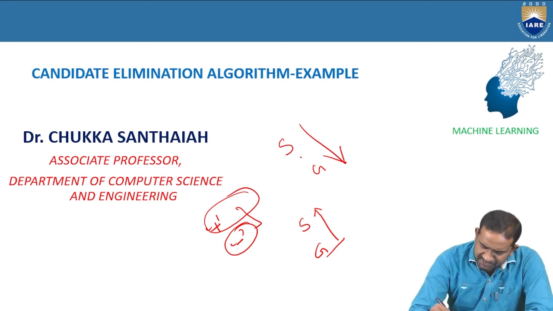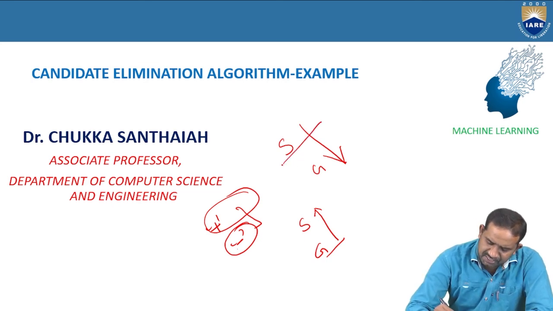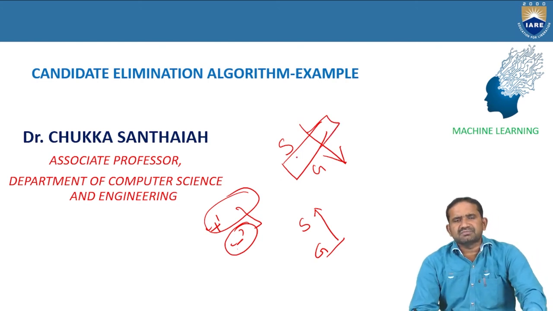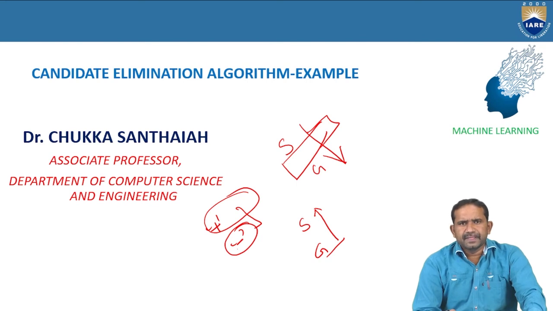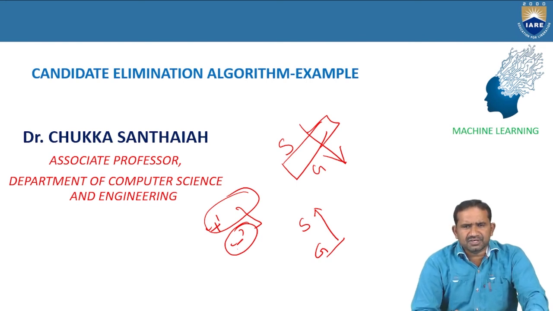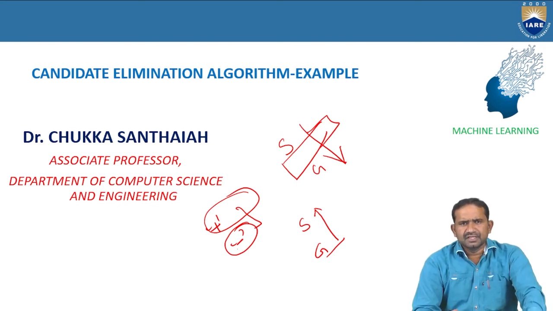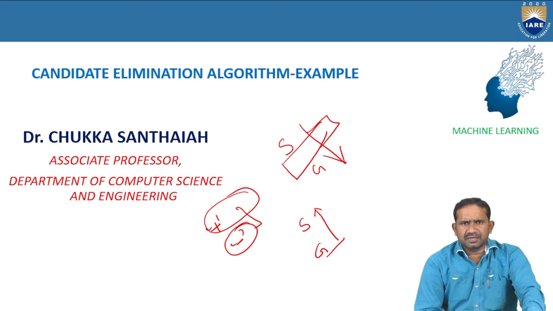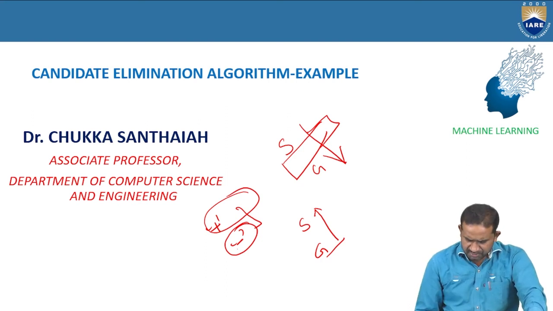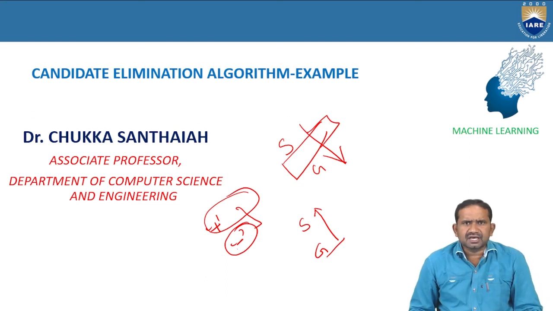And in between specialized as well as generalized, there is some space, some concept, that is the version space. The version space is mainly focused on adding hypotheses and removing hypotheses. That is the thing about the candidate elimination algorithm.